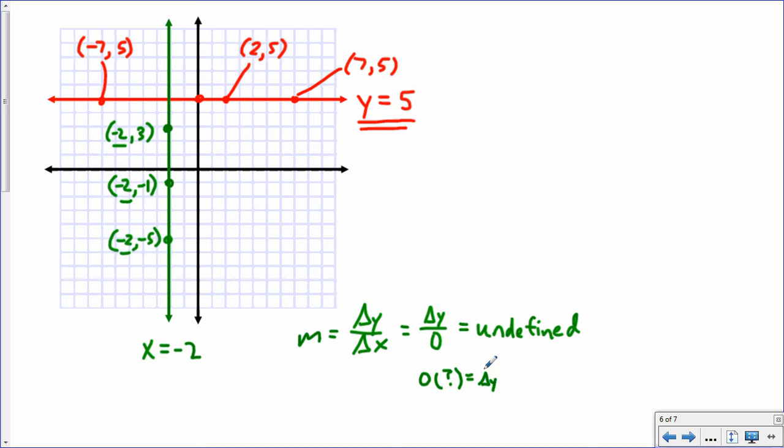Well, if this change in y doesn't equal 0, then it doesn't matter what I multiply 0 by. It doesn't matter how many zeros I take. I'm not going to add up to anything but 0, so I will never add up to that change in y. That's why dividing by 0 is undefined.